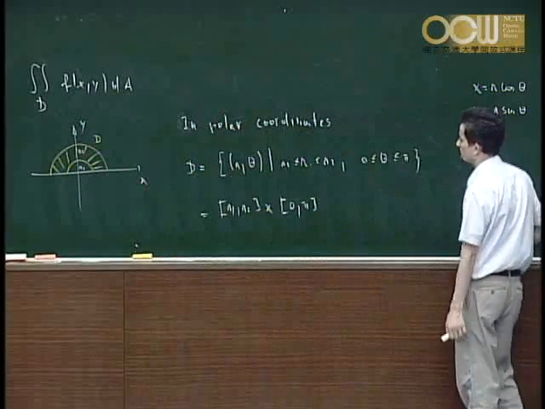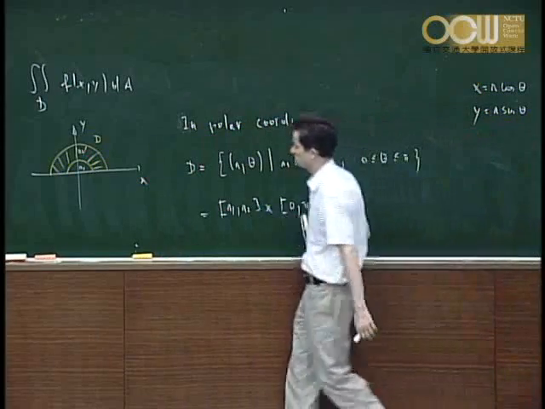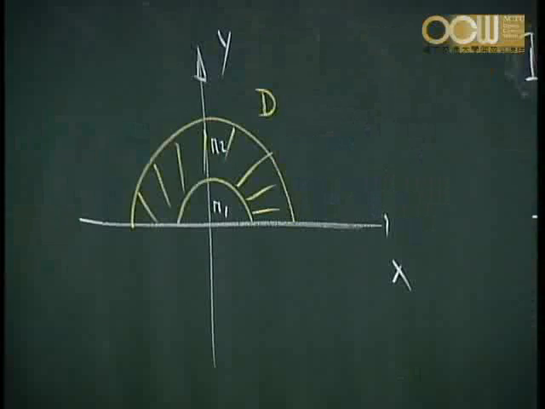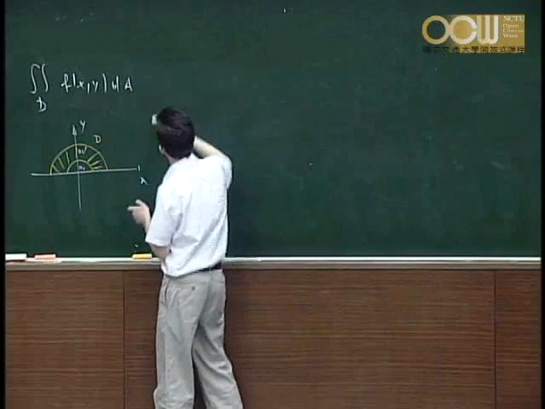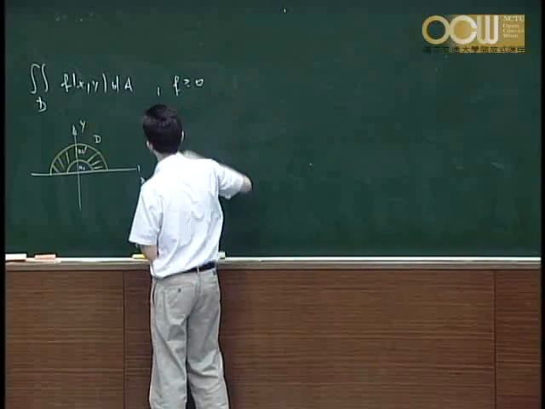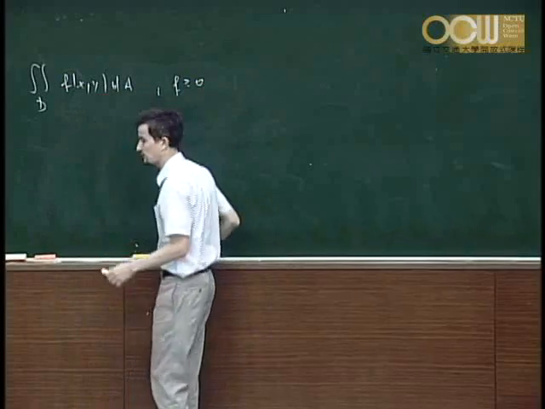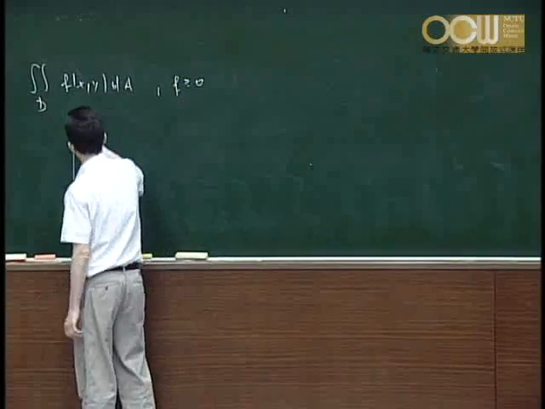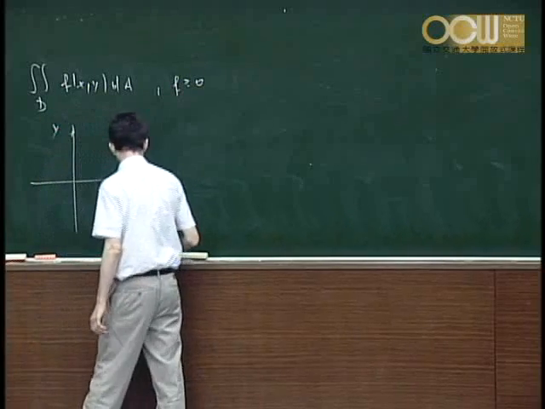For this, we look at the following problem. We look at the general polar rectangle. First of all, we assume f is greater than or equal to 0, because then we are talking about the volume of a certain solid. We look at D, which is a so-called polar rectangle.